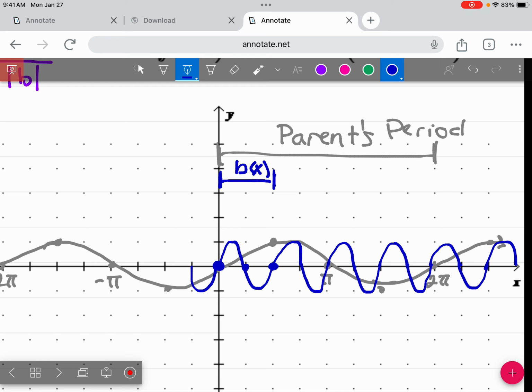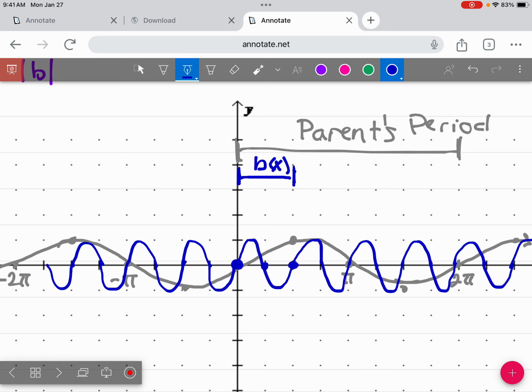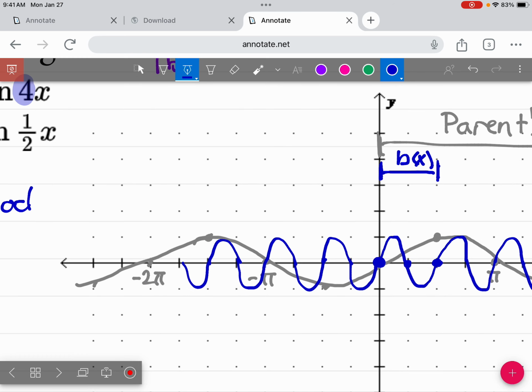It goes the other direction too. You don't necessarily have to fill in the whole graph again. Remember, we need to include 2 periods. So on this one, I could zoom in significantly closer. I could change this and count by, I wouldn't recommend pi over 2s, but I could count by like pi over 8 so that it's zoomed in way, way closer.